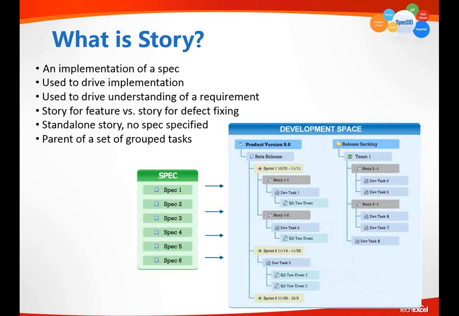We have seen many customers like the idea of creating a story to serve as the parent of a group of related tasks. And it's so good that even for a defect, they use a story to represent the fact: I need to do a defect fix, but in order to fix the defect, I might need multiple tasks assigned to the programmer or the user interface designer to drive the defect fixing.